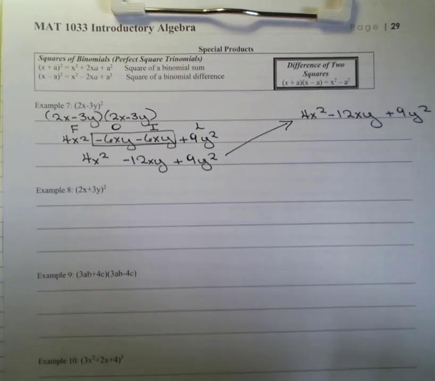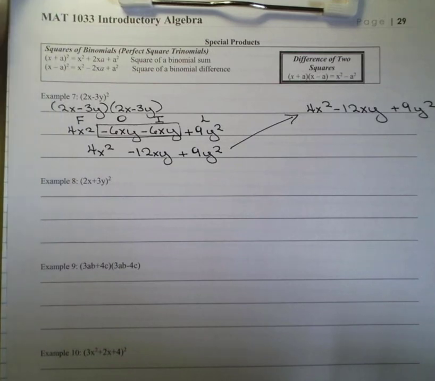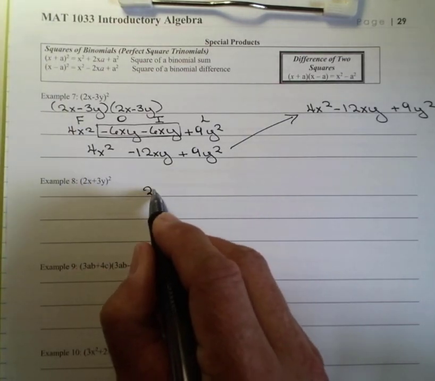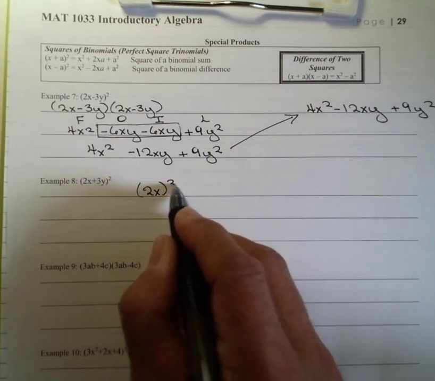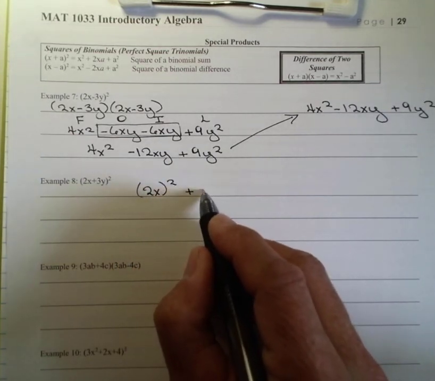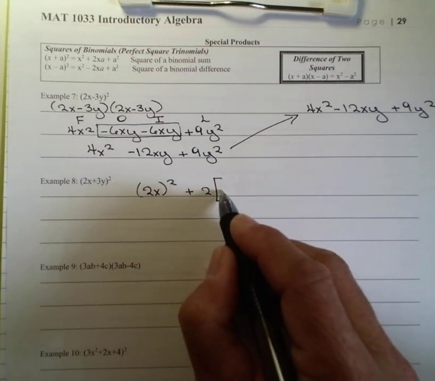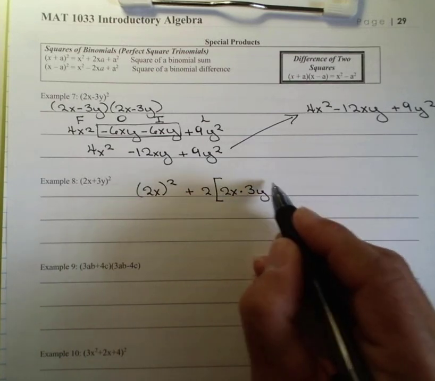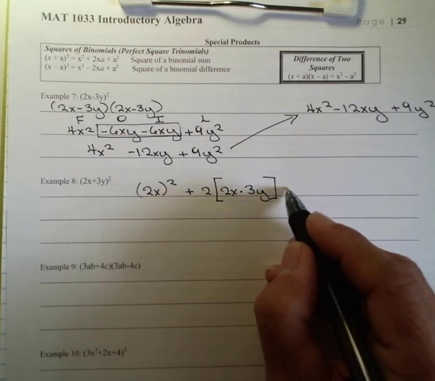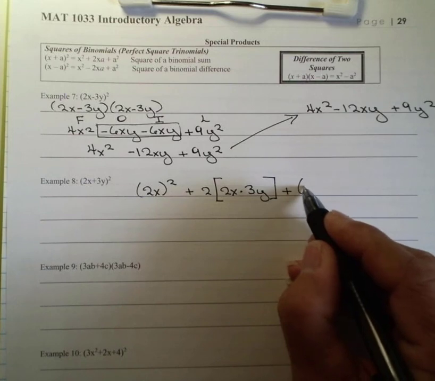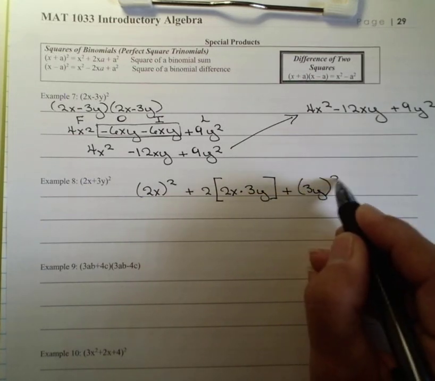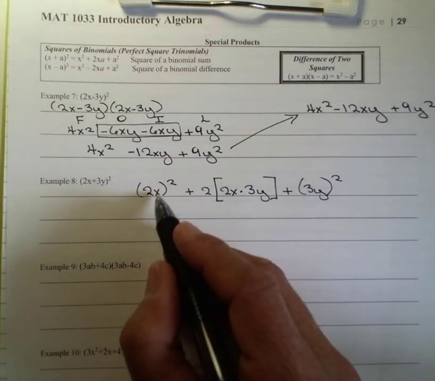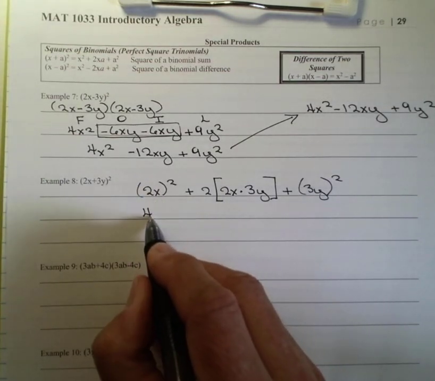All right, let's try the pattern on this one. Let's say this is 2x, and I would square it, plus 2 times, and what would I multiply? 2x times 3y. Multiply the terms together, and then plus that last term, which is 3y squared. That is the pattern written out for you. How do you square 2x? 2x times 2x, 4x squared.